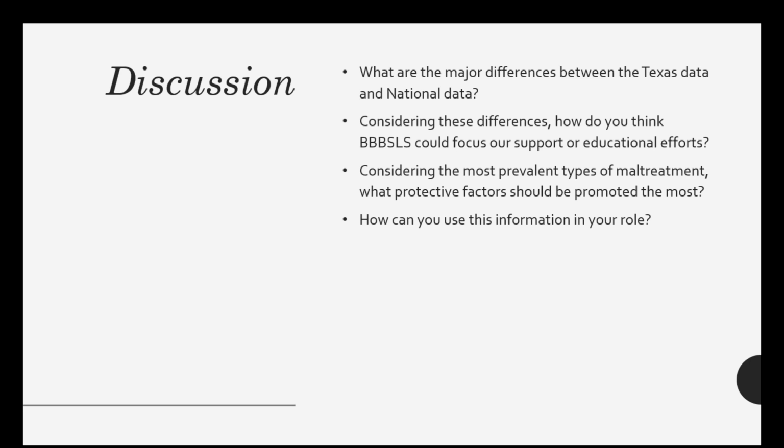We can also do this by thinking about the types of maltreatment, and then we want to talk about how we can use this information in our roles supporting matches.